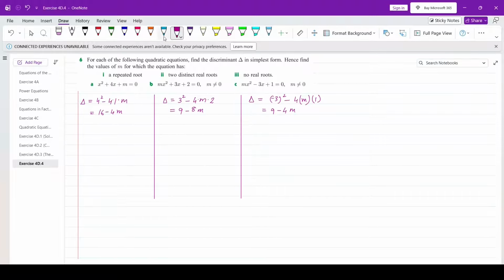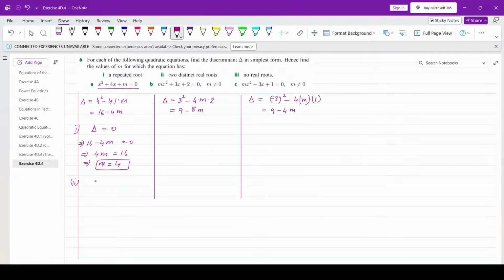So for all the three, we have to find the value of m for which the equation has a repeated root. So we know a repeated root is when delta is equal to 0. So 16 minus 4m is equal to 0, or 4m is equal to 16, and hence m is equal to 4. So at m is equal to 4, this equation will have repeated roots.